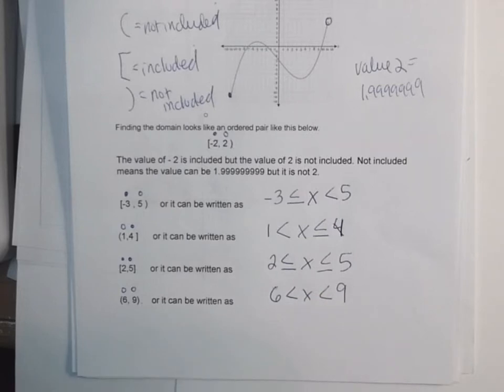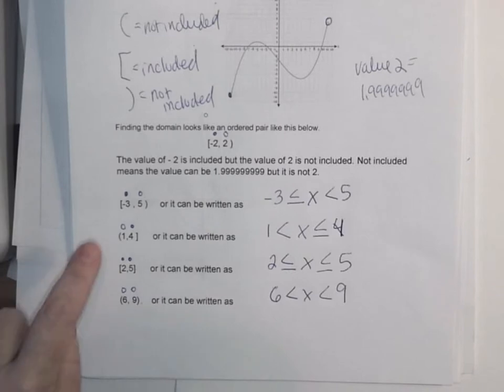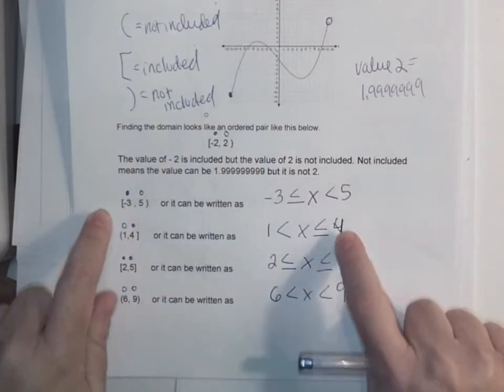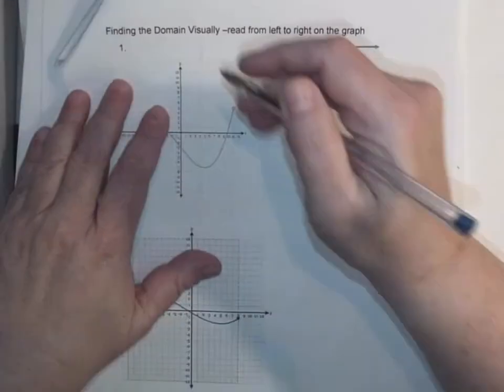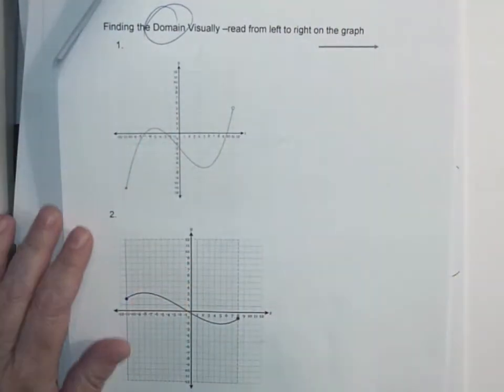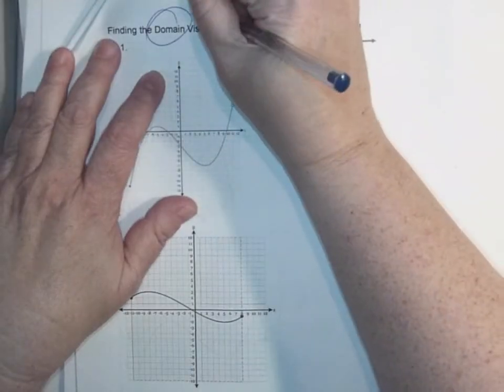Okay, so let's take a look at what we'd really be doing with this type of information: the closed dot, the open dots, these brackets, all of this. So let's put it all together when we're looking at a graph. I pasted these from Delta Math. So what we need to do when we're looking at a domain, so make sure they're mixed up between domain and ranges in there, we are looking at the X, right?